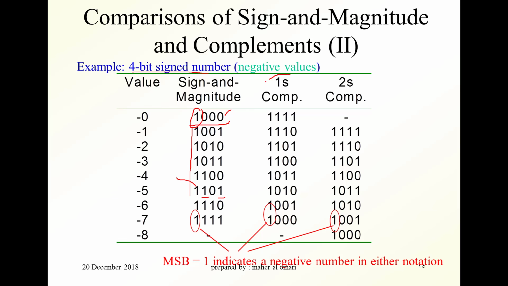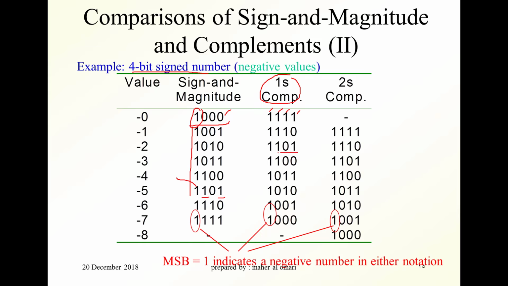In 1's complement notation, the negative number is the first complement of the positive number. The positive 0 is 4 zeros. So the negative 0 is the first complement, which is 4 ones.